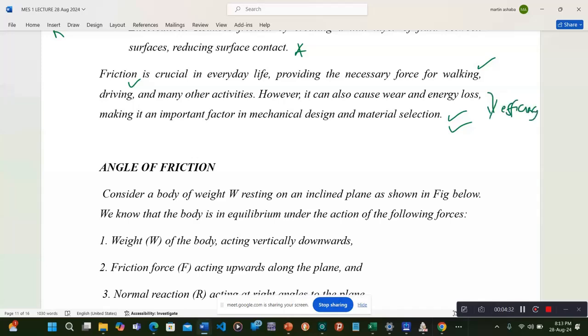And that's why you always find, because of this efficiency of a machine, mechanical advantage of a machine, and many others that relate with efficiency, because of friction, efficiency is always less than 100%.